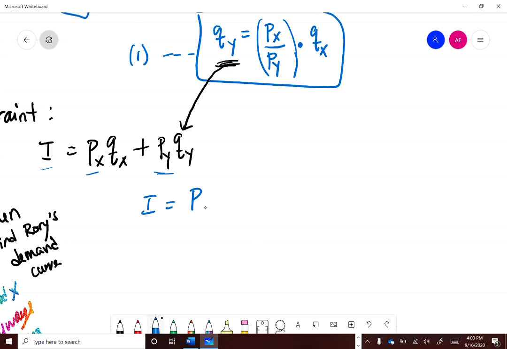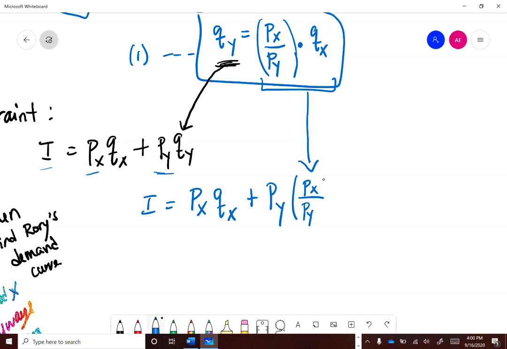So this would be equal to P of X times Q of X plus P of Y times, that's right, we plug this in, times P of X over P of Y times Q of X. Let's do a small parenthesis there.